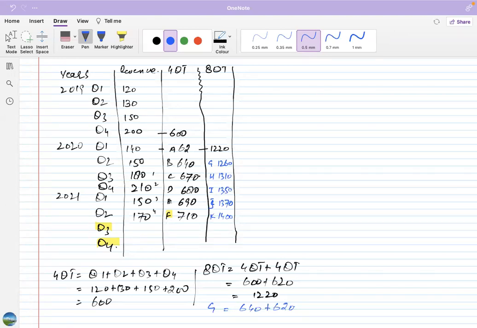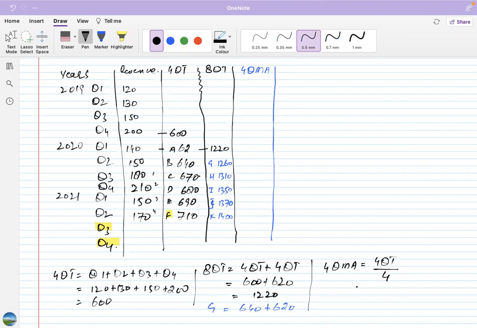The next value that can be asked from us to be calculated is 4QMA. That basically stands for 4-quarter moving average. The formula for the 4-quarter moving average is simple. That is the 4-quarter total divided by 4.